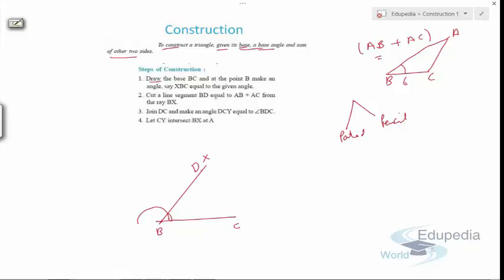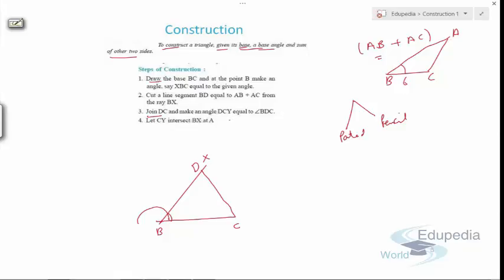Now the next part is we need to join DC such that they make an equal angle. So let's see how we can do this. What we need to do is join DC like this, then we need to make an angle DCY equal to BDC.